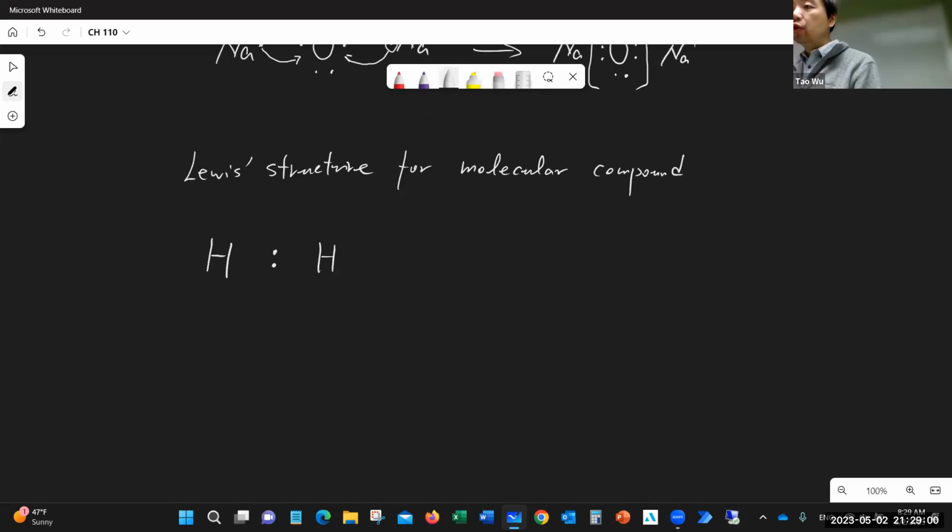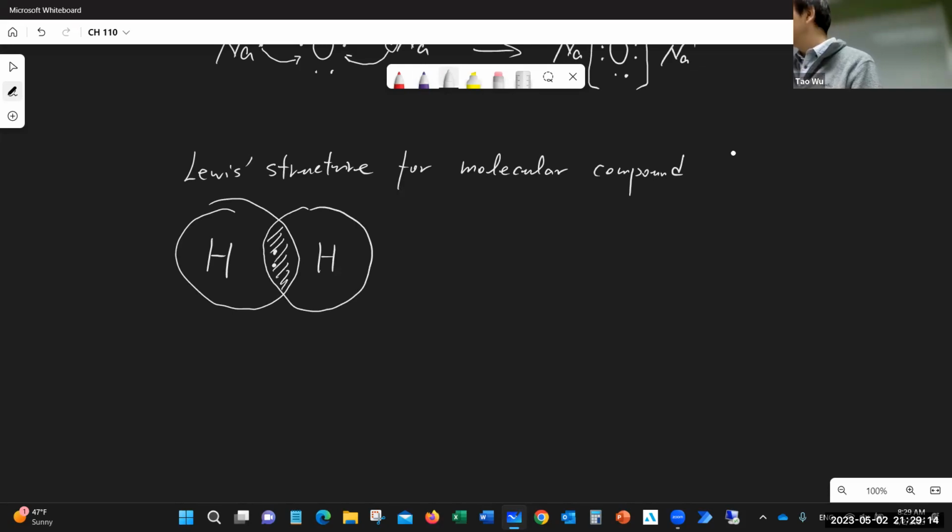Instead, they're going to be shared in the middle. These electrons belong to the one on the left side, and also belong to the right side. This area is a shared area. This hydrogen is shared, those two dots are shared.